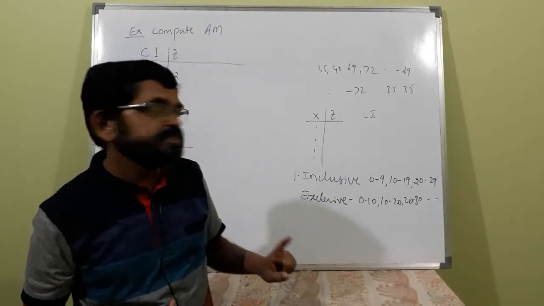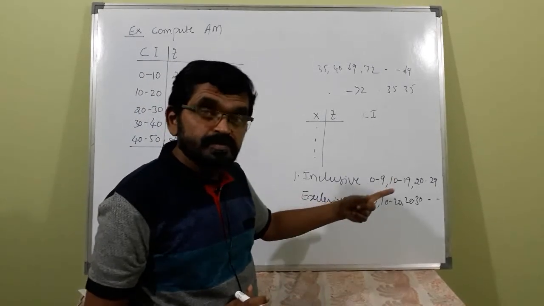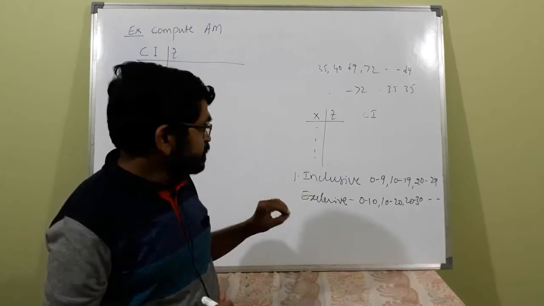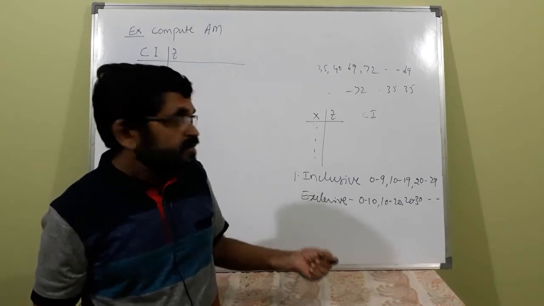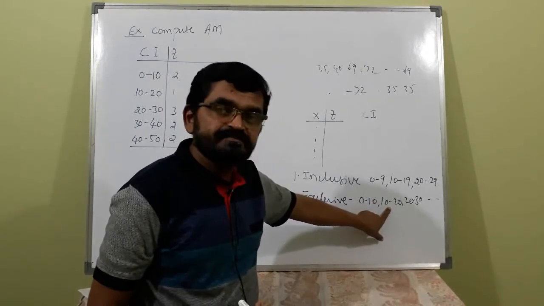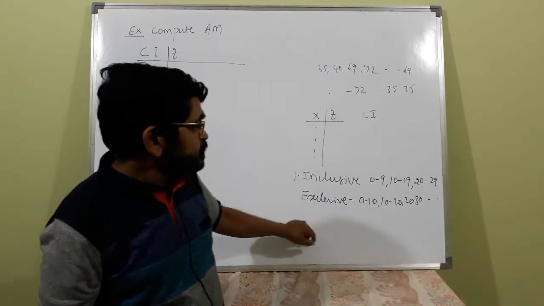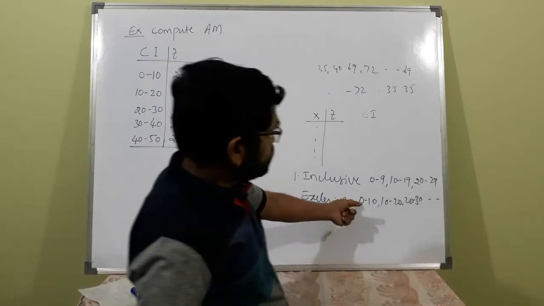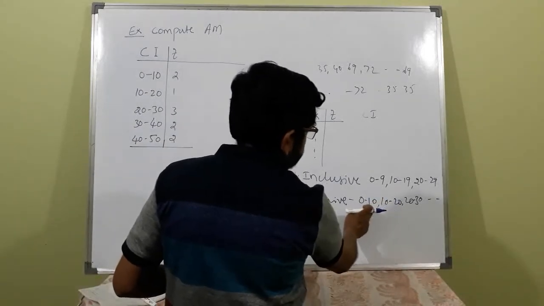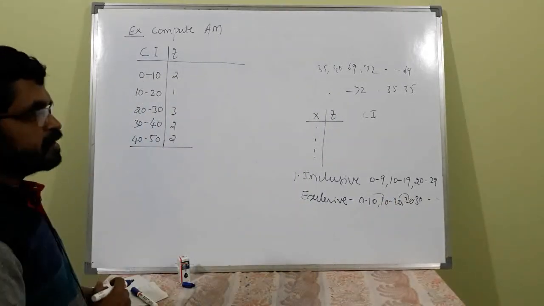Usually the tradition is we exclude the upper limit and include the lower limit. Suppose an observation has the score 10. We include that 10 in the class 10 to 20, not in 0 to 10. So this is also called overlapping class. Here this 10 and these two overlap.